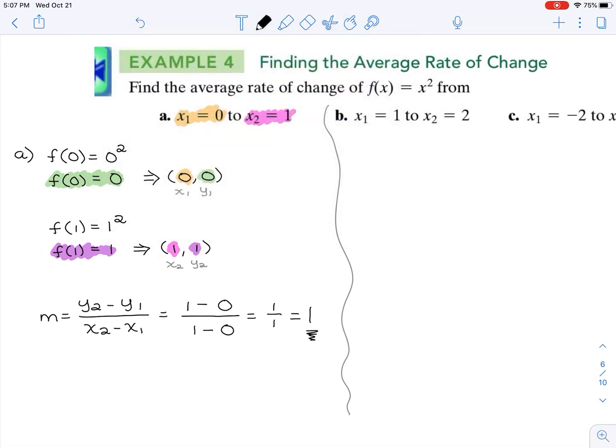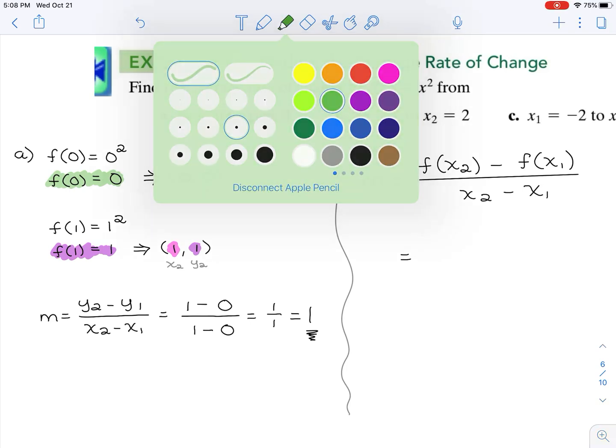By writing it as the actual rate of change, m equals f of x2 minus f of x1 all over x2 minus x1. So instead of doing the functions first and then plugging them in, you actually do the functions within the problem.